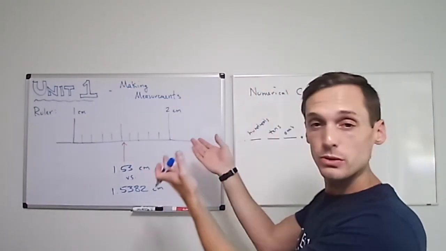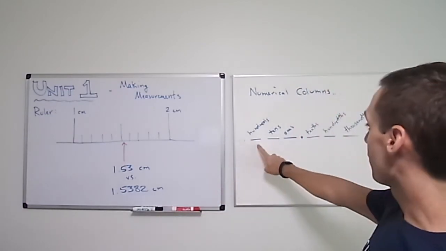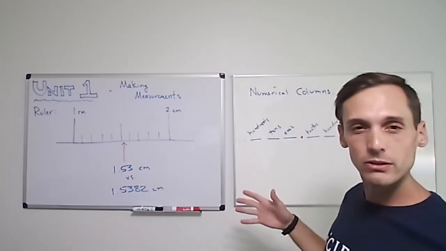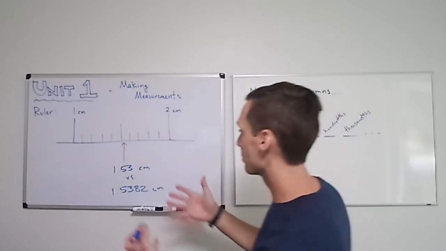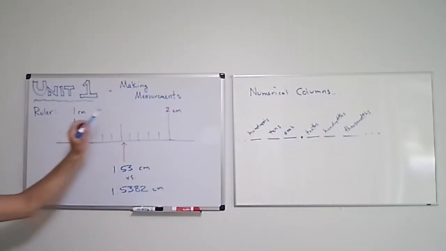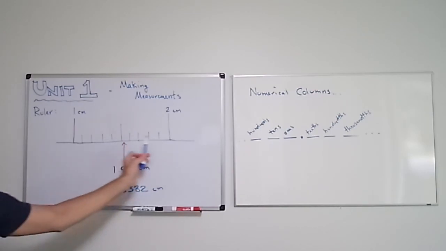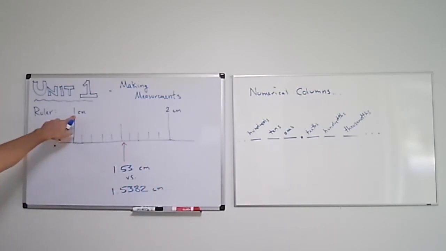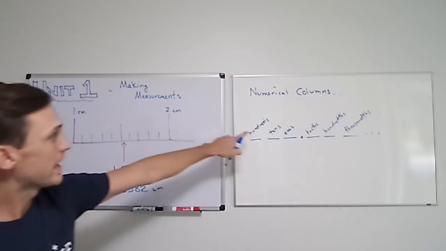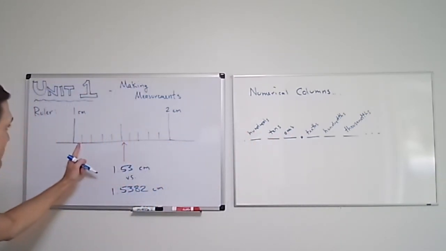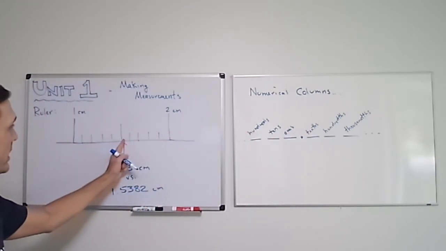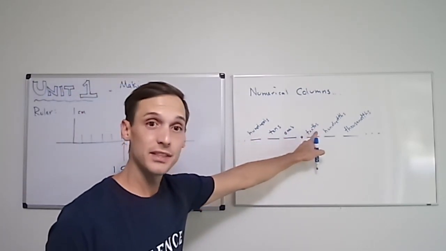So what you need to do is look at your measuring device and figure out what numerical column it is labeled to. Look at this device. Here we have 1 centimeter, 2 centimeters, and it's broken up into 10 tick marks. Notice this is a whole number, so that would be in the ones, but then each little tick mark here represents the tenths.